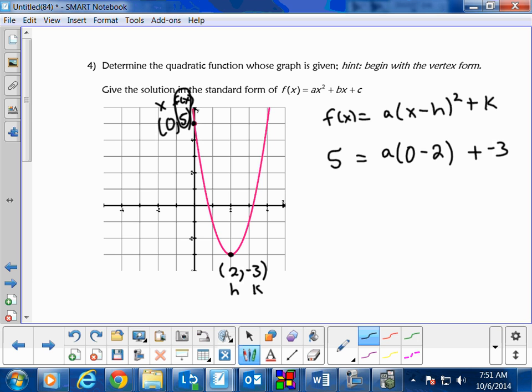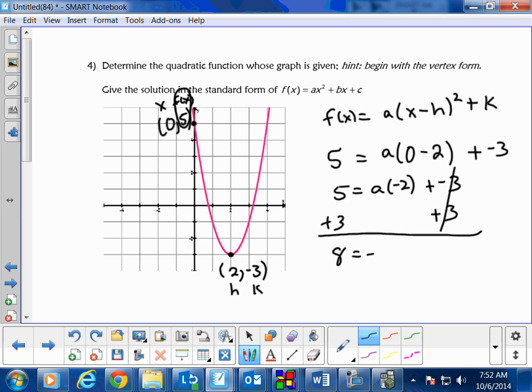Okay, fantastic. Let's go ahead and start solving this. This one is pretty easy to solve. Now 0 minus 2 is going to just be negative 2, plus negative 3. I'm going to solve for that, so it's really minus 3, so I'm going to add positive 3 to both sides. That cancels out, and that gives me 8 equal to negative 2a.